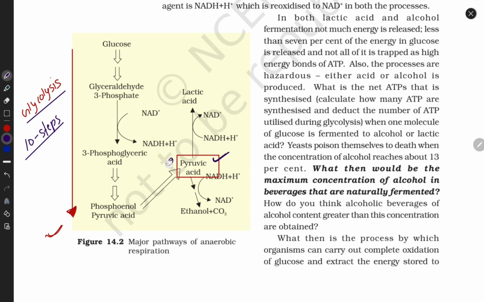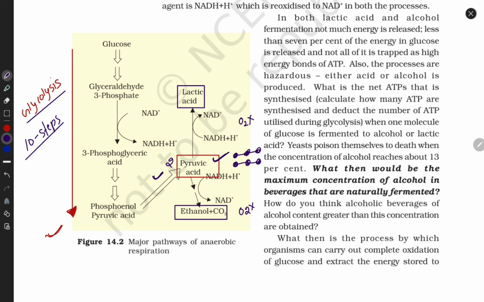We found 2 molecules of pyruvic acid, and if we provide oxygen to pyruvic acid, they go into the TCA cycle. But if we do not provide oxygen, then they go into 2 pathways. They form lactic acid, and they also form alcohol or ethanol plus CO2.